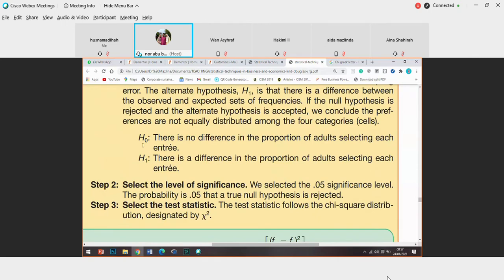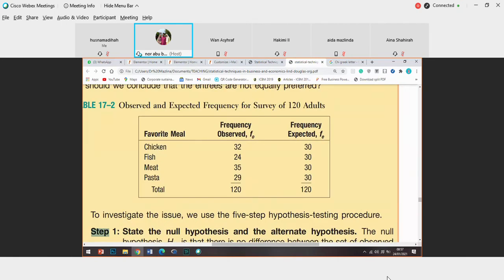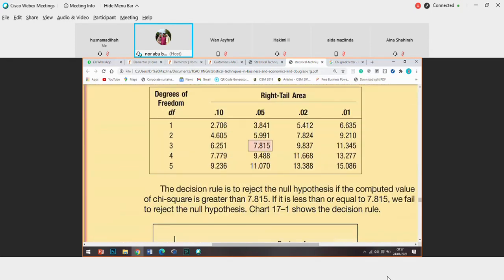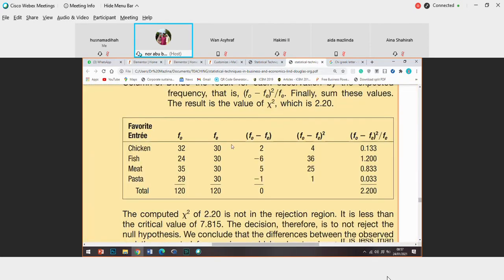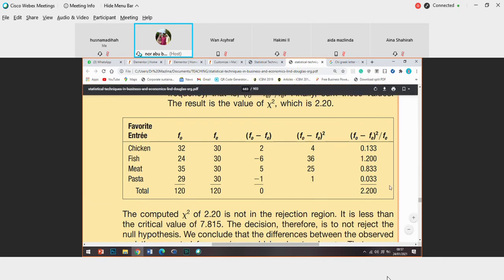I mean, biasanya bila kita suruh cari chi-square, dia terus je buat table ni dan terus reject ataupun do not reject lah. Okay, however, you must remember before this table comes the H0, H1, okay, you must state the hypothesis and then you must test, you must calculate the chi-square.